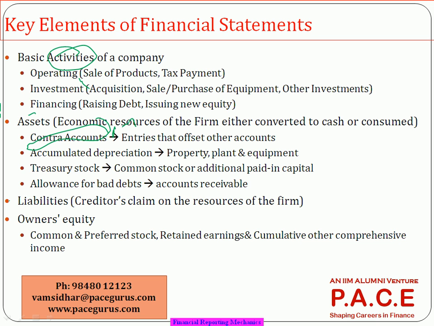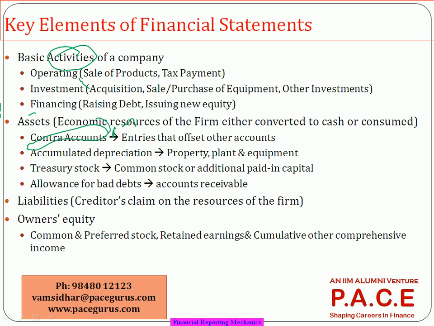So we have to see whether each of these items is going as a part of an asset or a contra asset to some of the existing assets, or is it a liability, which is something you have to really pay in future. Some obligation lies with the company in terms of future payment.